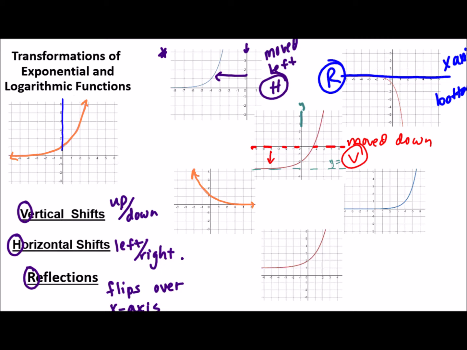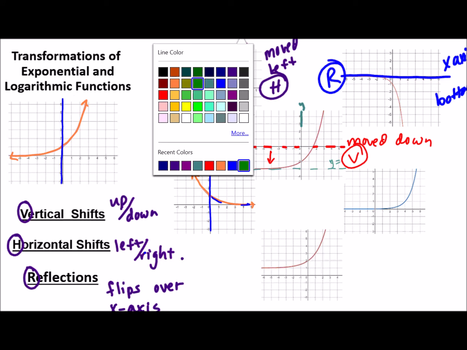Here's the y-axis. If you can picture this function flipping over, now this curvy part is over here on the left, and the asymptote line is coming down over here on the right. So this one again is a reflection. This time it's over the y-axis. So 2 types of reflections. Depends on which axis you're flipping over.